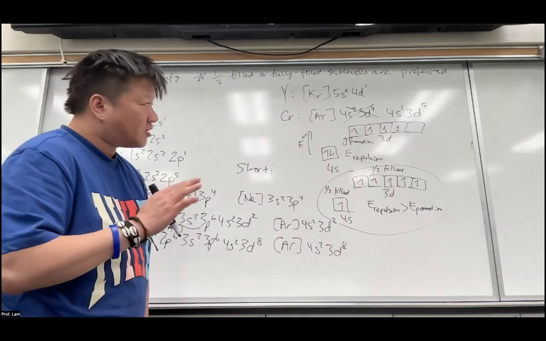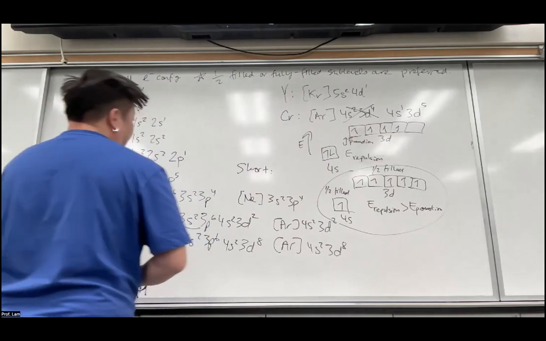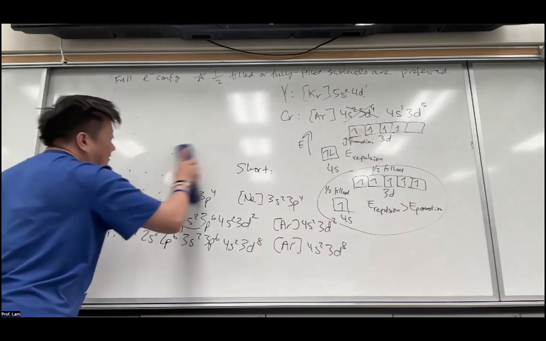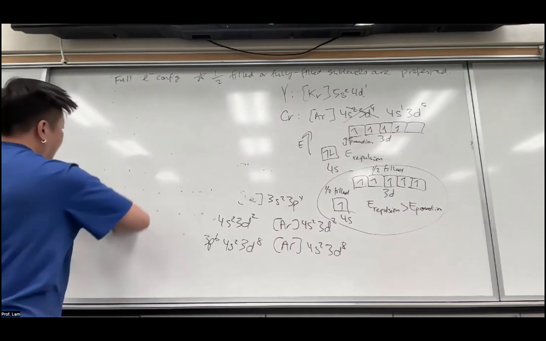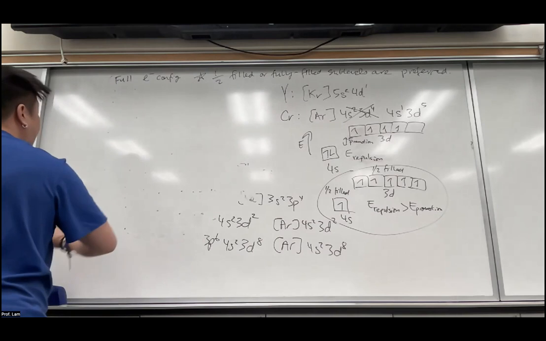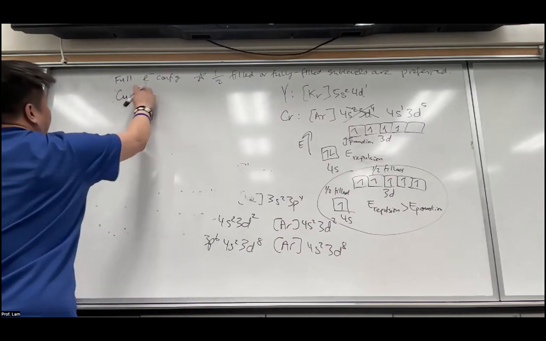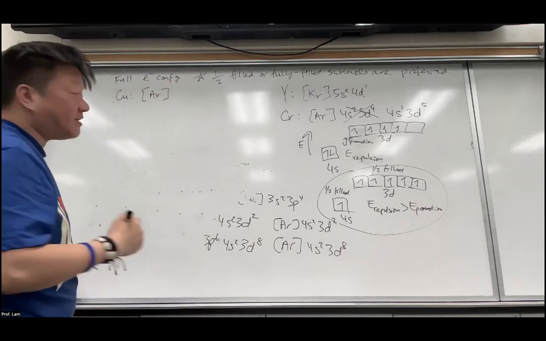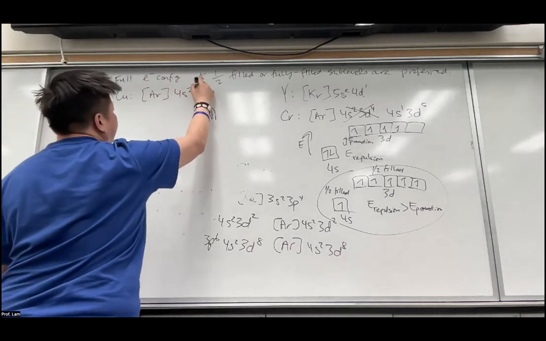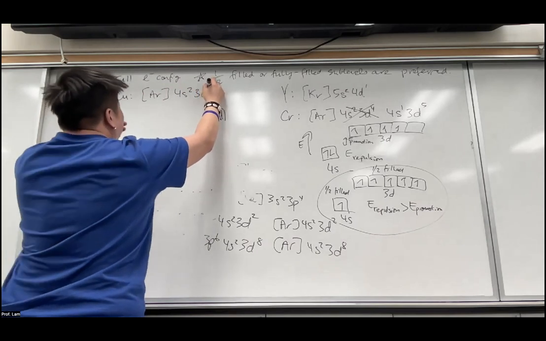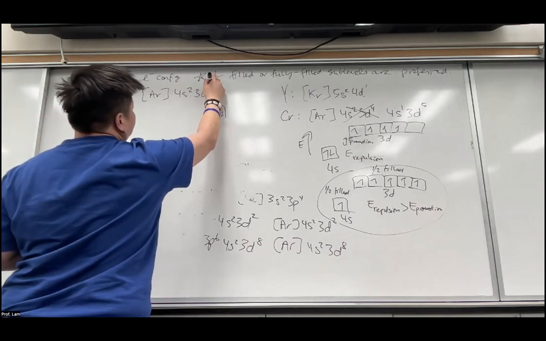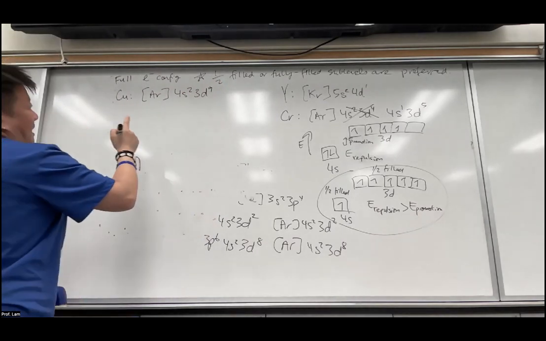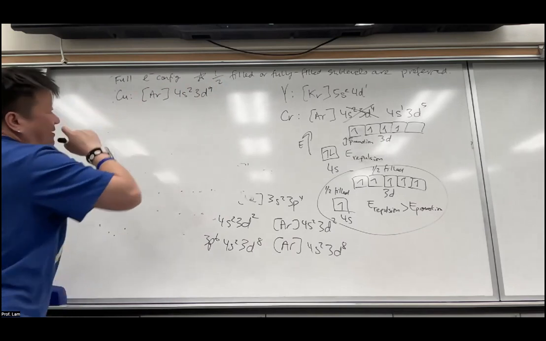So let's look at copper too. Okay, let's do the electron configuration for copper. If you look back at the previous noble gas, it's argon, right? And you keep going, you'd be like, oh, 4s2, 3d9. But wait a minute.